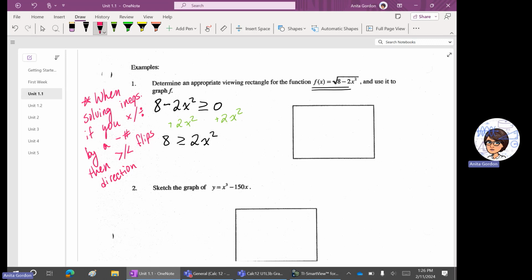Again, this only applies if you are multiplying or dividing by a negative number. If you're adding and subtracting, nothing changes. You can essentially pretend that this is an equal sign.